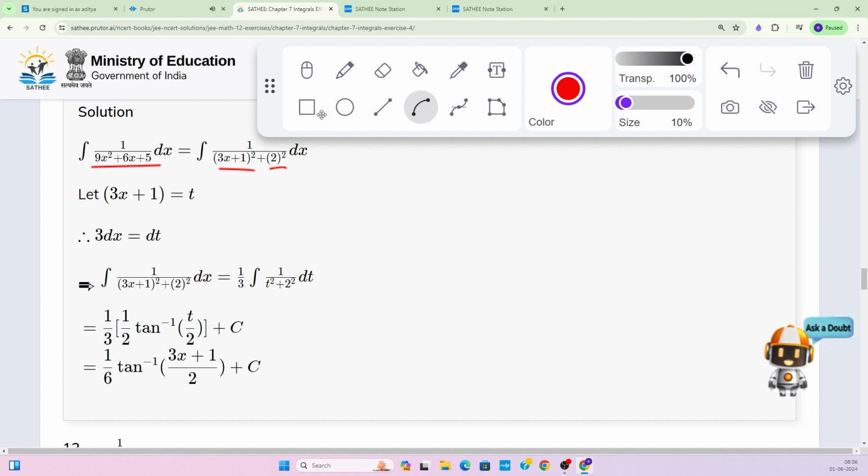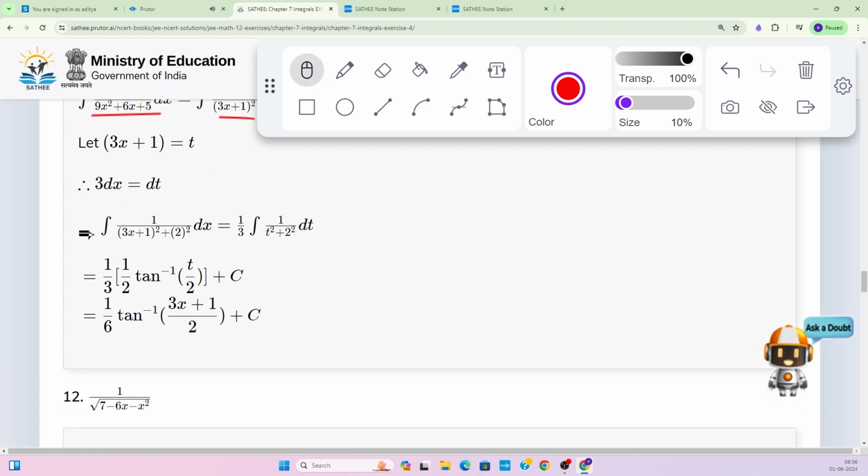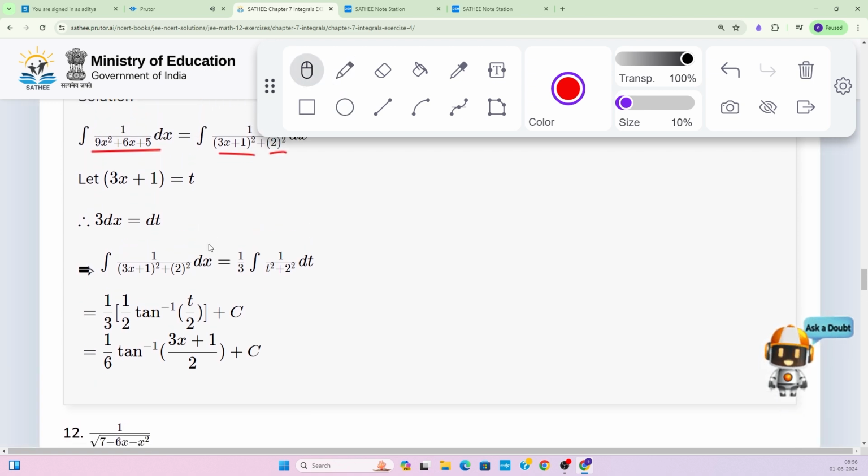Now your expression, integration of 1 by 3x plus 1 whole square plus 2 square dx, is transformed into 1 by 3 integration of 1 by t square plus 2 square dt.